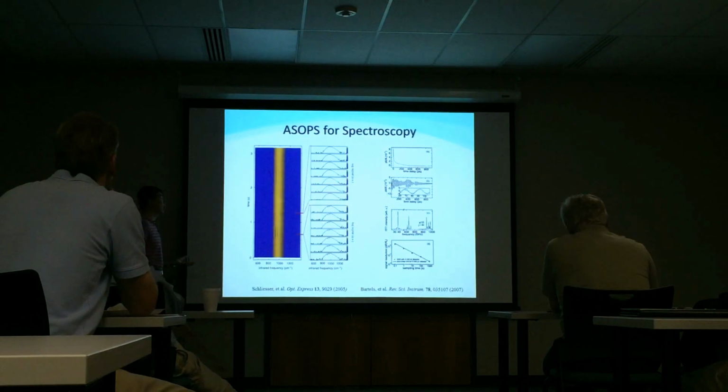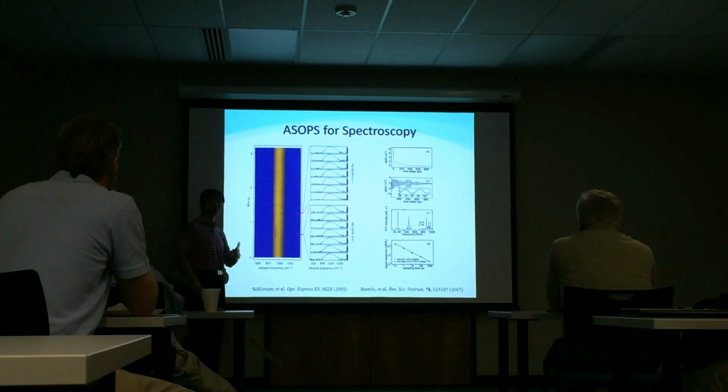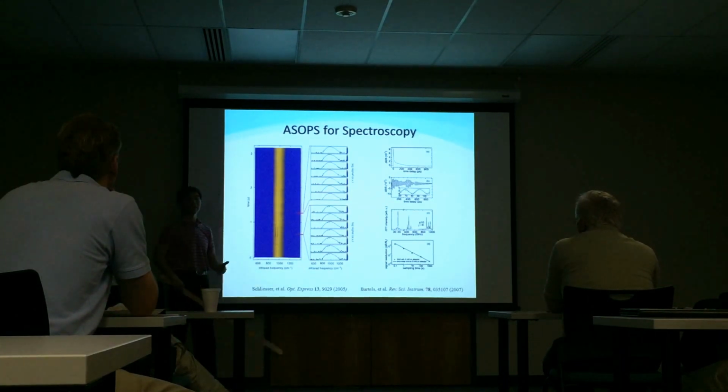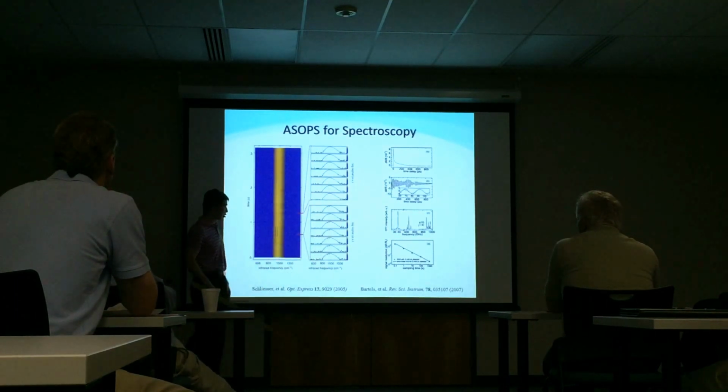So that just gives you another dimension. Conventionally, when you look at a spectrum, the system has to be stationary. Okay, there's no way, because taking the spectrum takes some time. You cannot capture the dynamics of the spectrum change. So here they just show that with this ASOPS, you can really make the spectral measurement very, very fast.